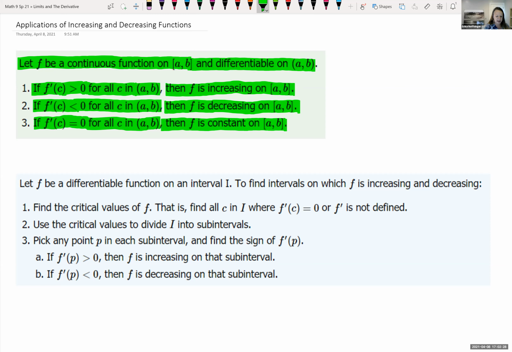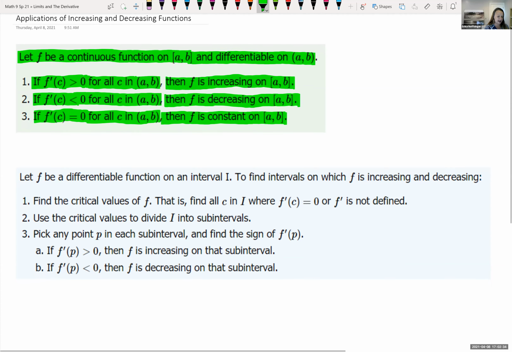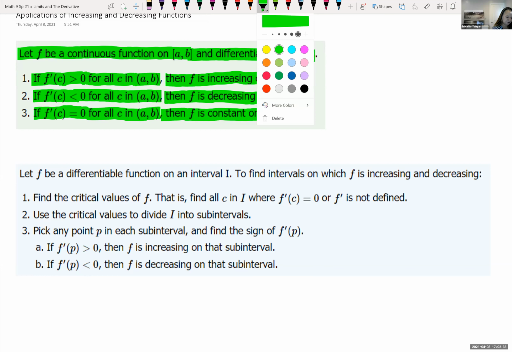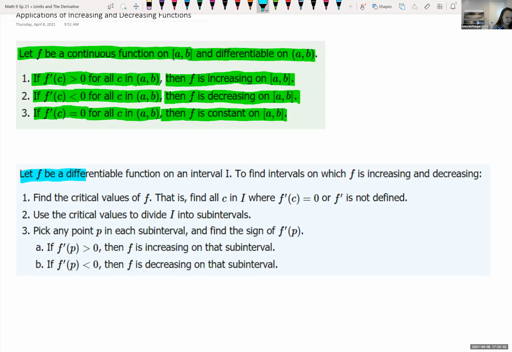And then we were looking at finding where our function was increasing, decreasing, or constant. The first thing that we did was we found the derivative. It said, let f be a differentiable function on some interval I. Define the interval on which f is increasing and decreasing. First we find the critical values of f.